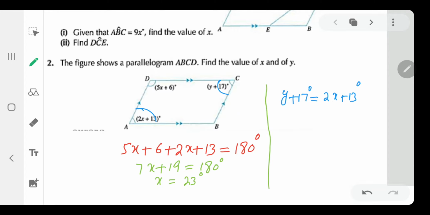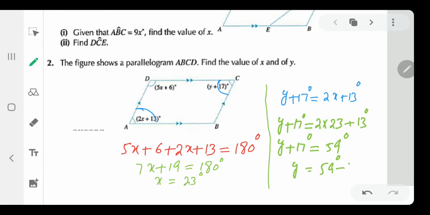Because we know that the value of x is 23, this becomes y plus 17 degrees is equal to 2 multiplied by 23 plus 13 degrees. So y plus 17 degrees is equal to 59, and by subtraction, 59 minus 17 degrees, we get the value of y, which is 42 degrees, right?